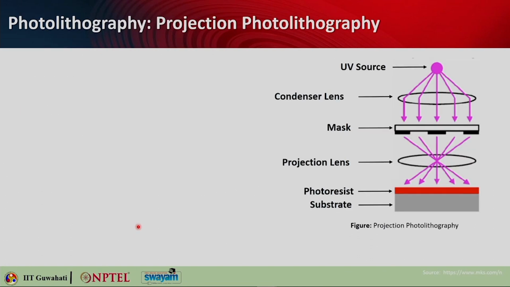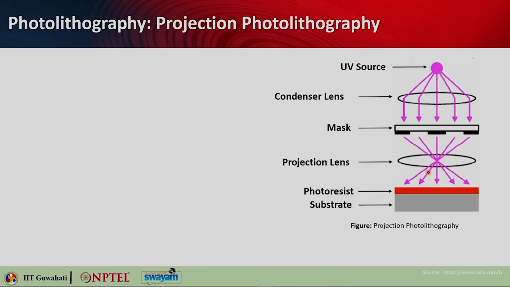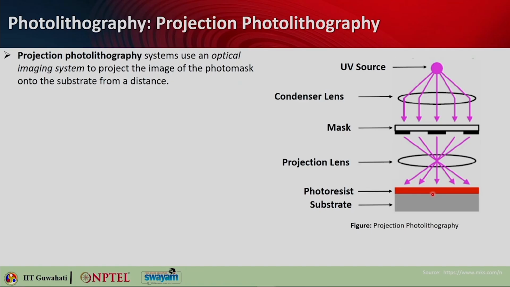The next type of photolithography technique is called projection photolithography. The name itself tells you that you are not putting the mask in contact with the photoresist anymore. You use a projection lens, as you see here, to project onto the photoresist. That is how the name has come.